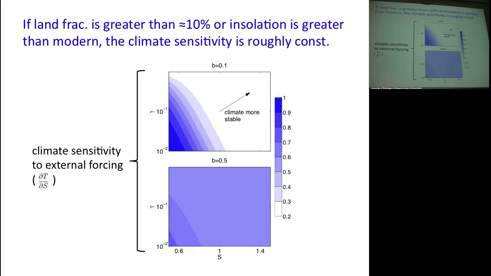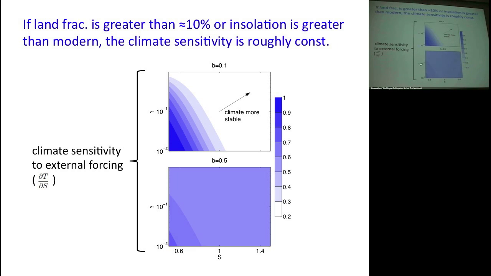So I just want to say something about why that's happening in the model. Basically, what I'm plotting here, forget about what B is, it's the scaling of CO2 in the WAC parameterization. The point is, you get a similar picture at both of these potential values of B, which might be different because of the effect of land plants. But the idea is, this is the insolation level, modern, higher, lower.